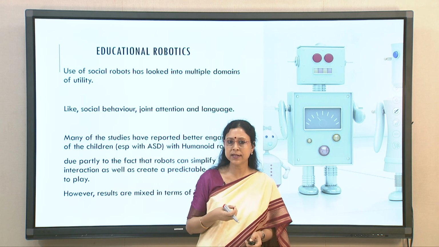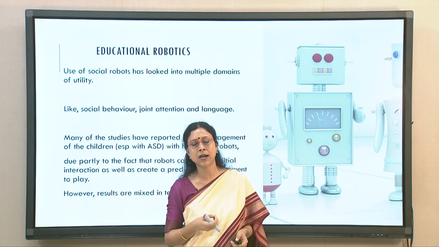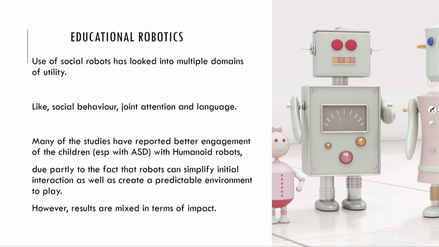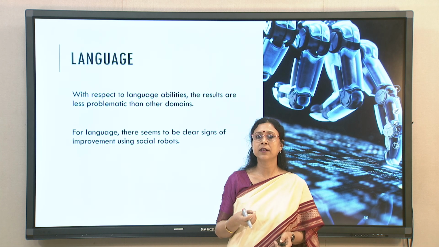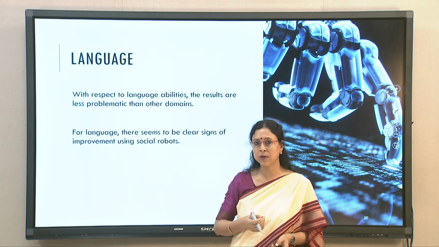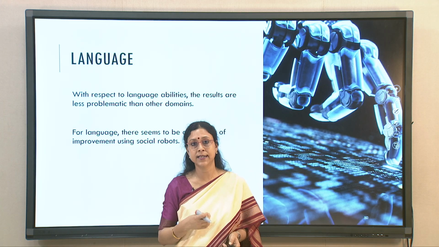These are some of the domains that educational robotics are targeting at the moment. A lot of work is still going on. With respect to language abilities, the results are less problematic than in other domains, because there seems to be a better outcome for language as opposed to other social skills. As I just said, the repetitive nature of autistic children might benefit from the use of a robot for teaching language.